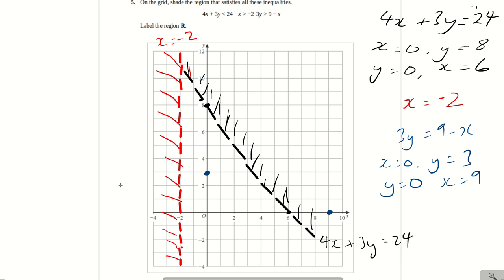Okay, and so it's going to look something like this. Probably started going a bit wrong, but something like that. And it's going to continue up here.